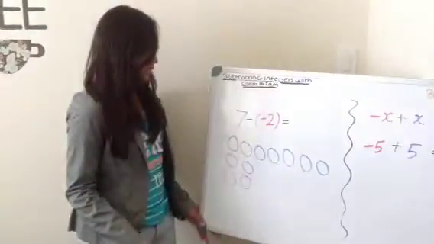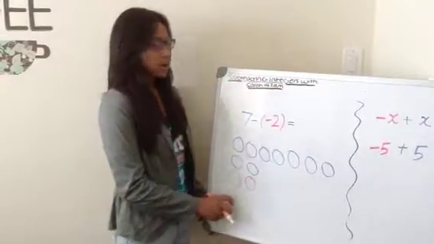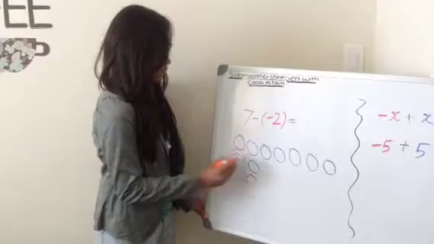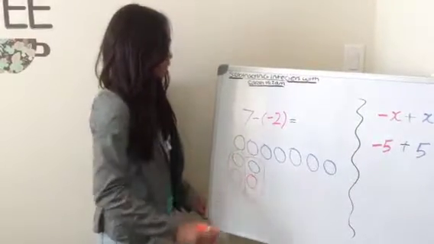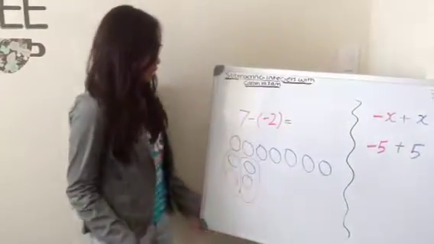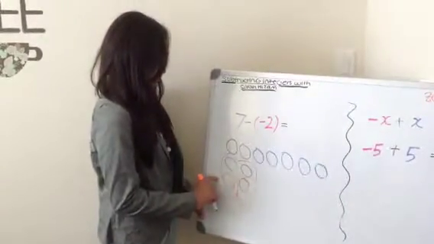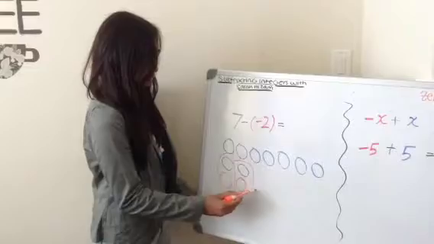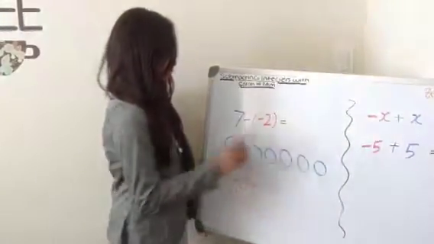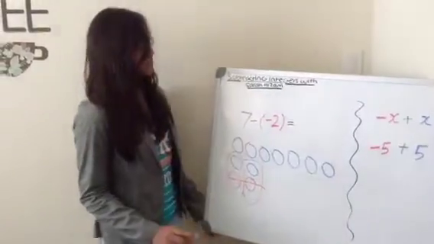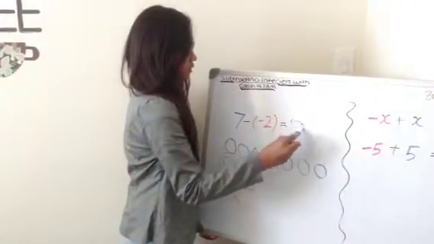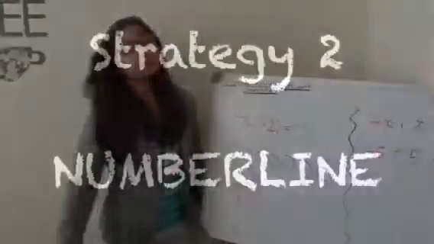Here I can already see two zero pairs. One here and one here. In the equation, it says to subtract negative 2. So now I can subtract 2 counters. In the end, all of the counters add up to be positive 9. So the answer will be positive 9.